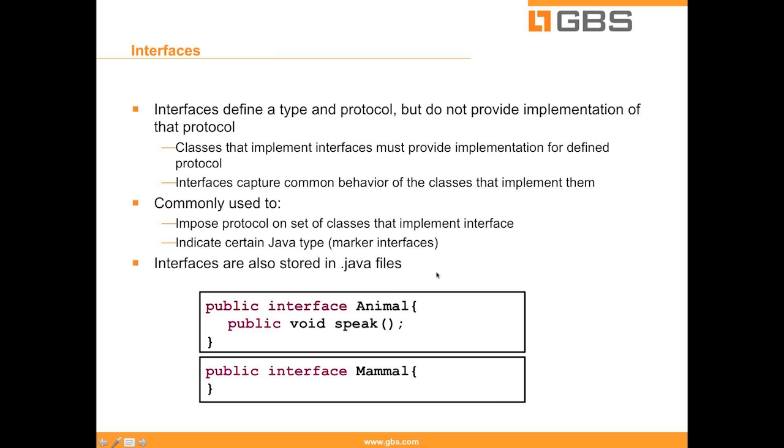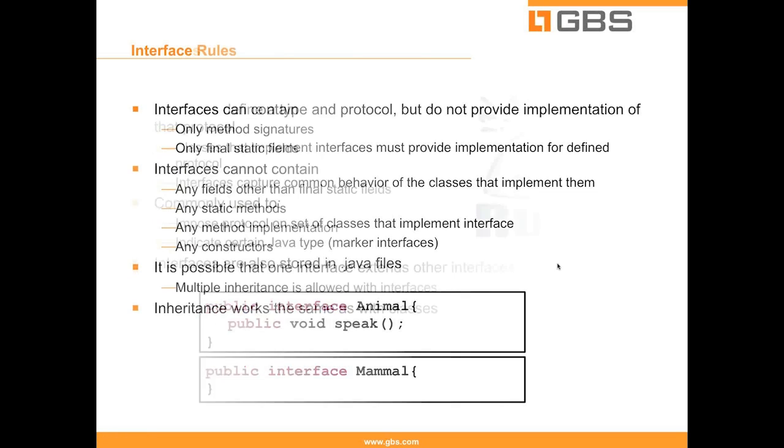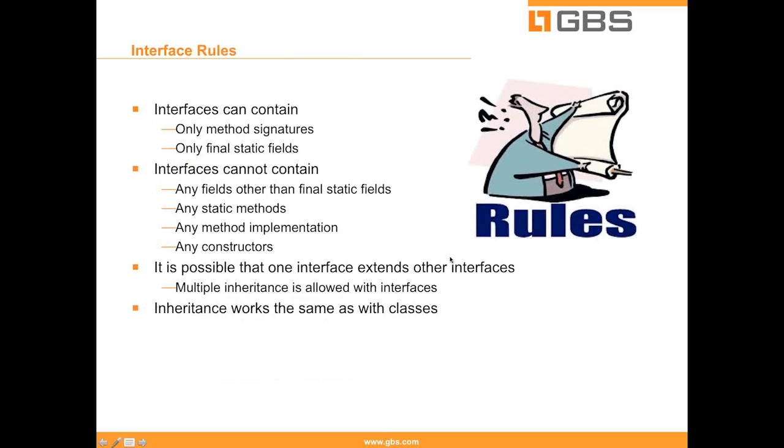Okay? Interfaces are not magical from the syntax point of view. Instead of saying public class, you just say public interface animal, public interface mammal. When you define the interface, it can only have method signatures or final static fields. They can't contain anything other than final static fields or static methods, method implementation. It can't have any constructors. It uses the base constructor.